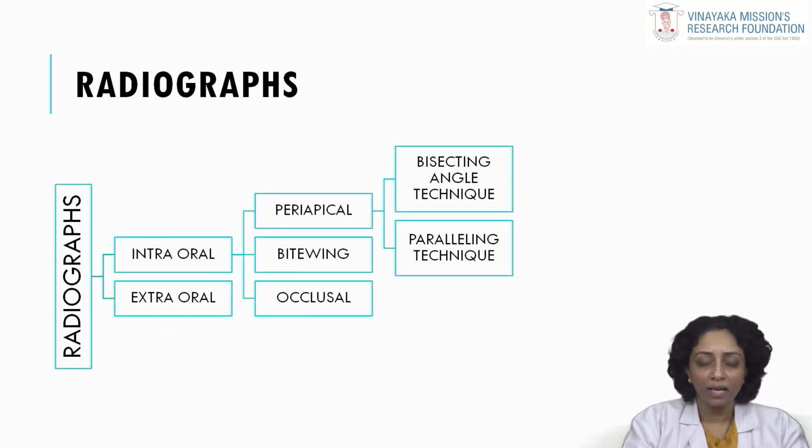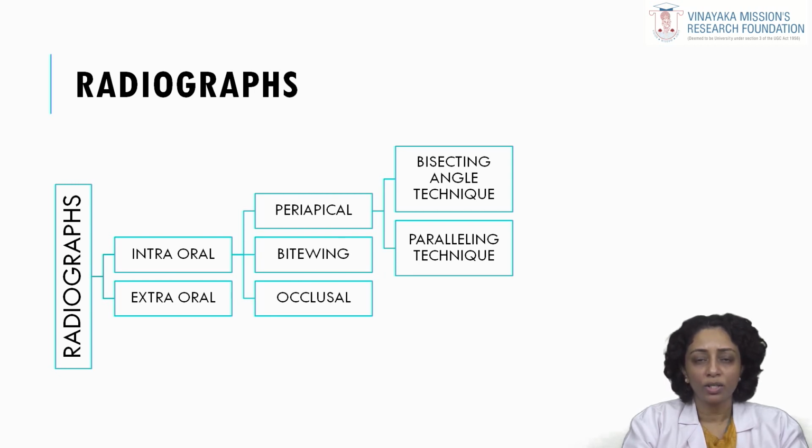This bisecting angle technique is utilized while taking radiographs. In dentistry, we take two types of radiographs, that is intraoral and extraoral radiographs. In intraoral, we keep the receptor or the dental film inside the oral cavity and take radiographs, whereas in extraoral, the film or the image receptor is placed outside the oral cavity.